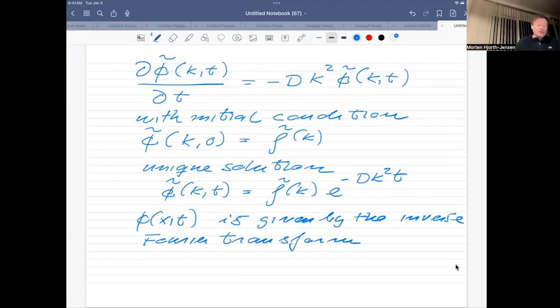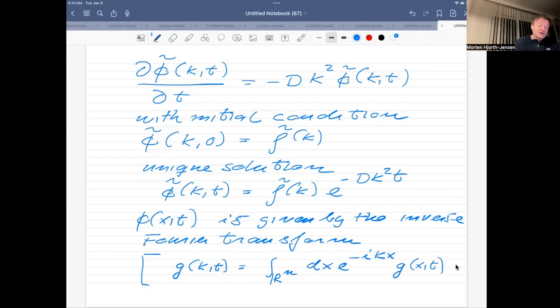Just let me quickly remind you of what a Fourier transform looks like. So if you have a general function g, you can transform a function g of k and t, that is given by an integral over all values of x. So there's an integral dx of e to the minus i k x multiplied with the original function, which was g of x and t.